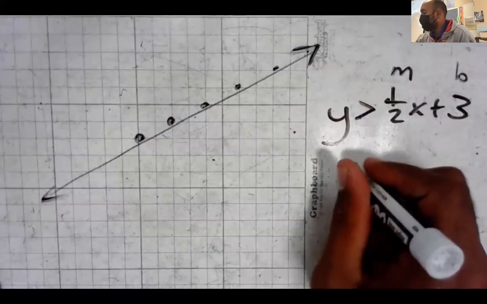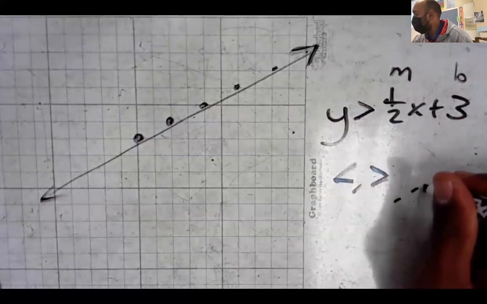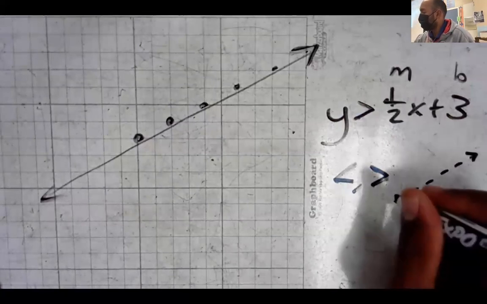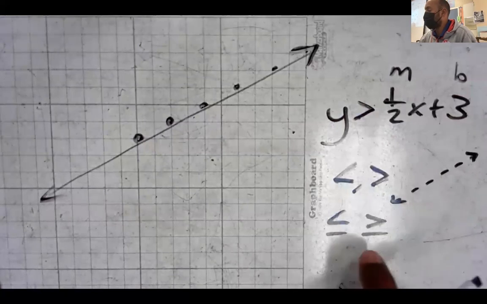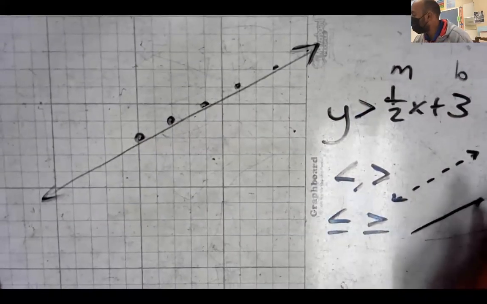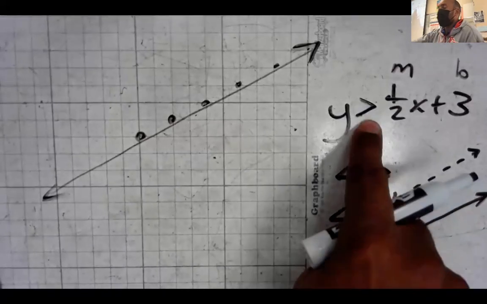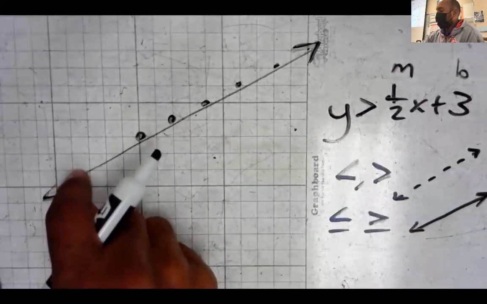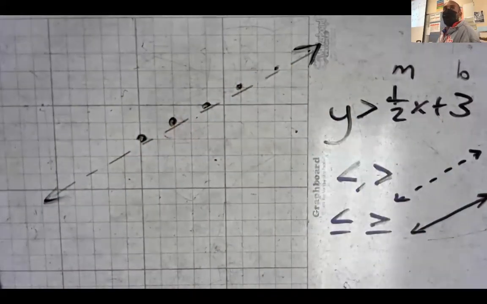If you have a symbol that looks like this, your line needs to be dashed. If you have a symbol that looks like that, then you keep your line solid. Okay, so you can see that one doesn't have the equal sign. So now the only thing that changes is I make it dashed.